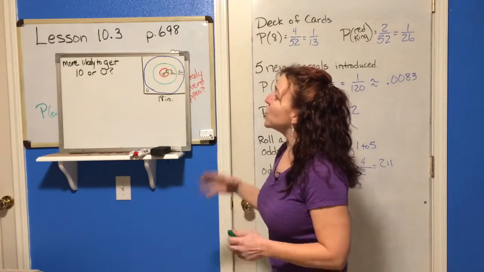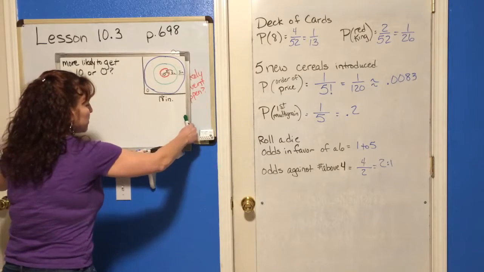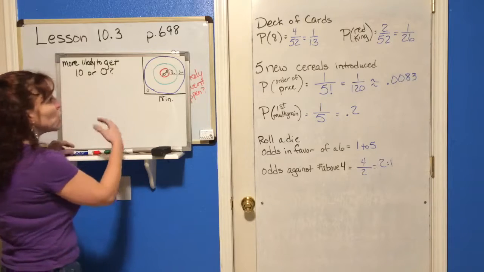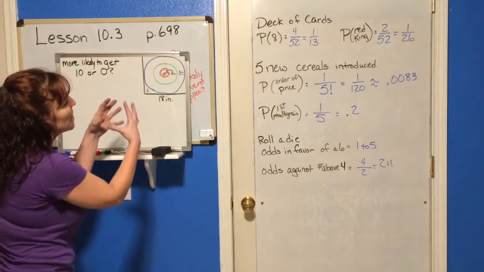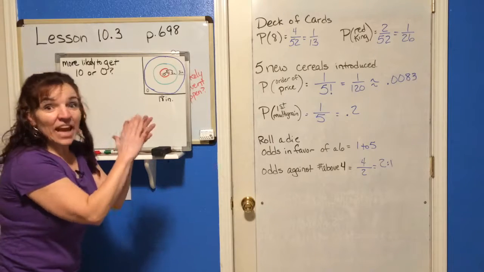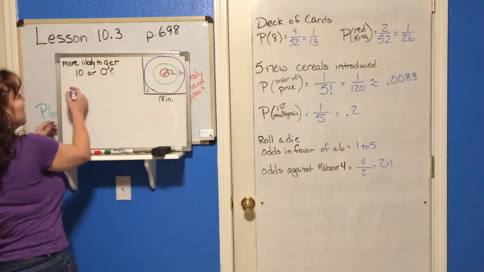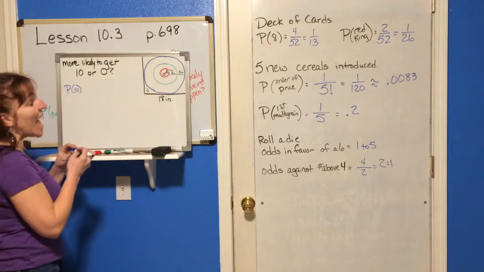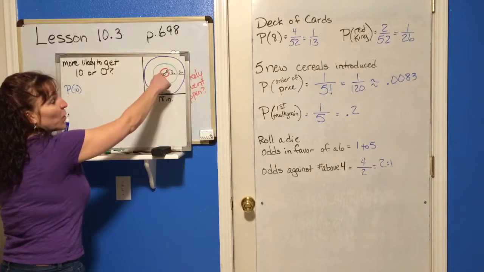So what you're going to need to do in this case is, once again, we want the probability, so we're going to have the favorable over the total. So we've got to figure out, well, in this case, the favorable is an area. The probability that we're going to get 10 is going to be the area that we get 10.